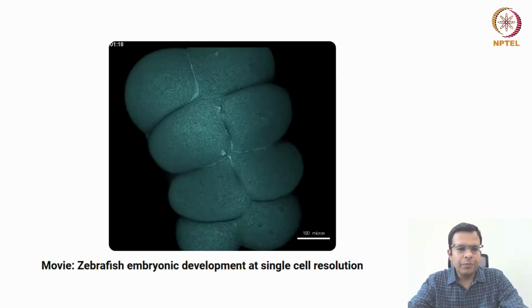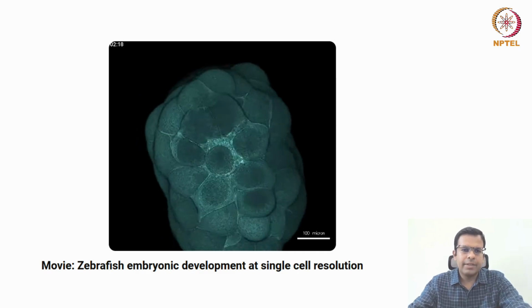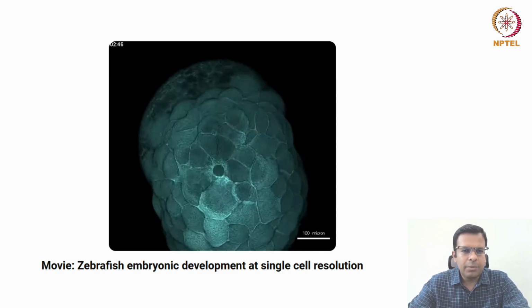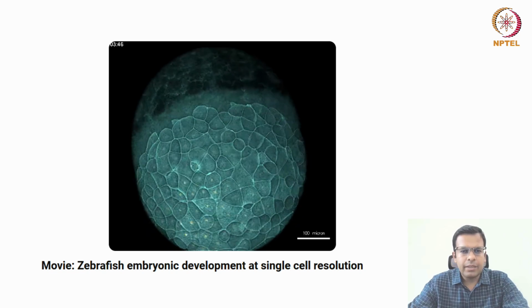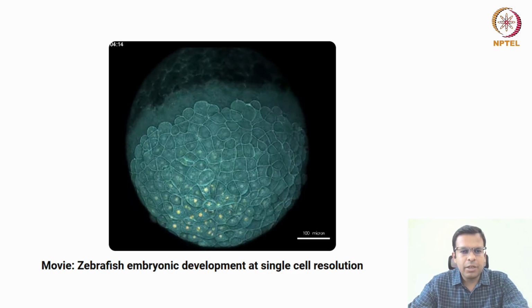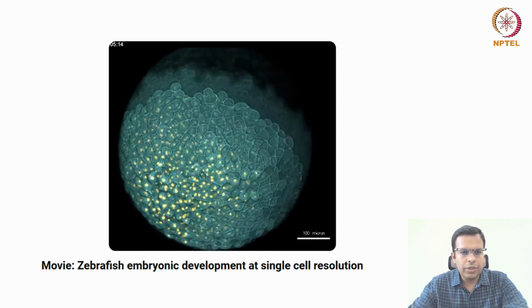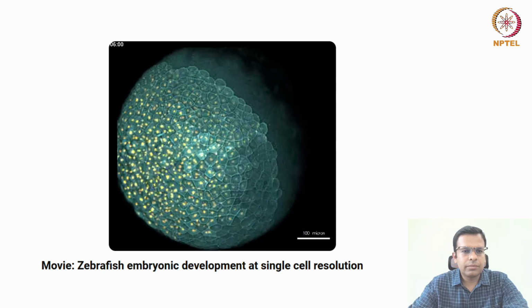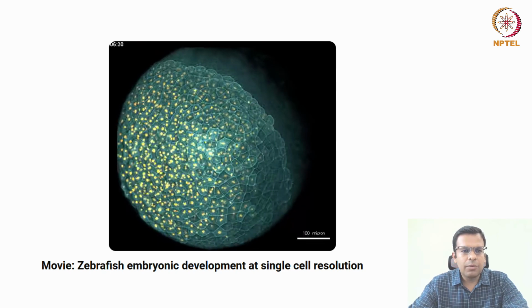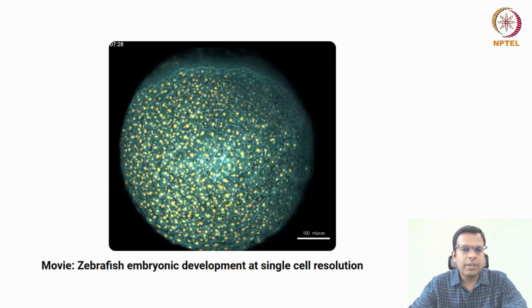So in this video, you can see the zebrafish embryonic development at single cell resolution. The membrane protein is fluorescently labeled, and also now you can see some yellow colored fluorescent protein is coming up. Those are the histone proteins which are labeled, and you can see how from a single cell this multicellular embryo developed.